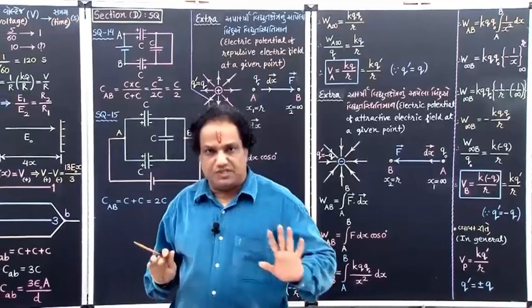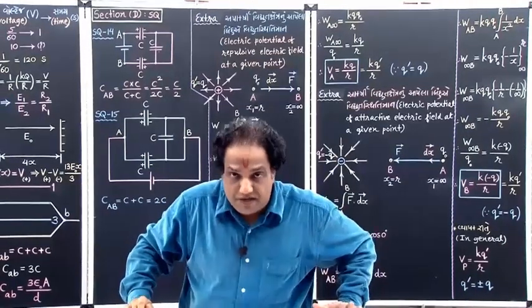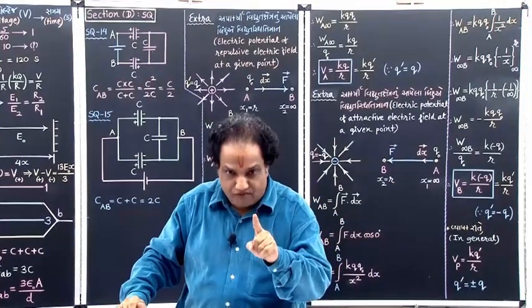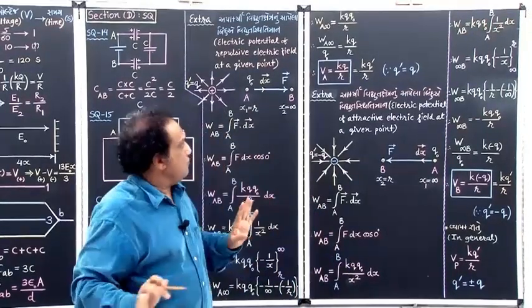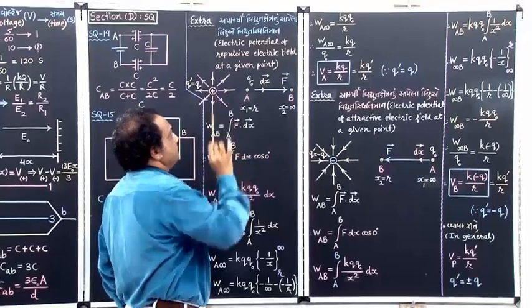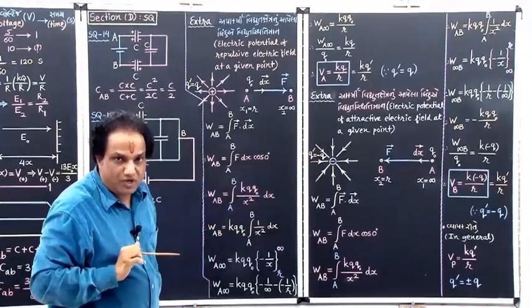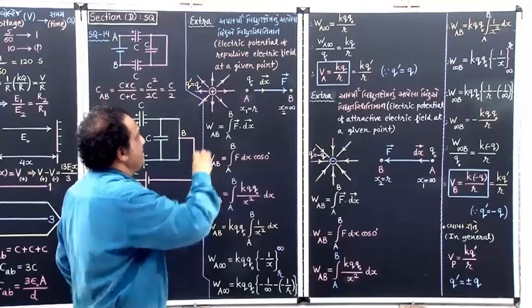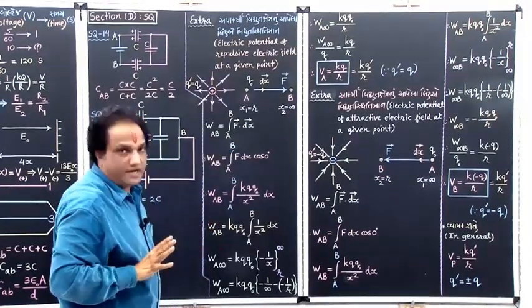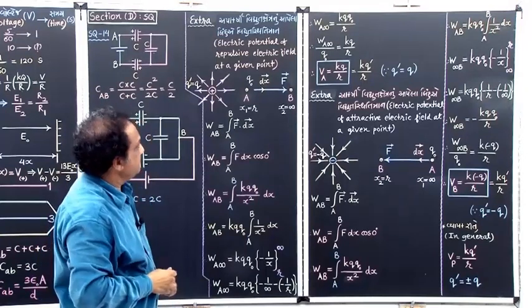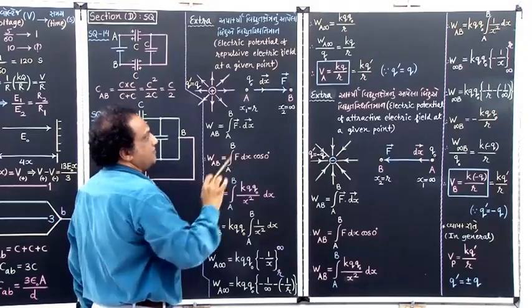Because it produces its own electric field, it is a source of electric field, so we call it the source charge. Right now we have taken it positive. For a positive point charge, its electric field lines are radially outward.